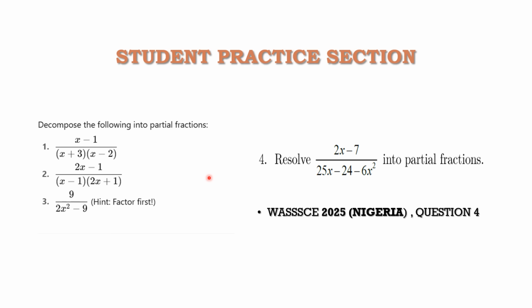So this is a try section for you, and we are also going to decompose the following into partial fractions. So we have examples 1, 2, and 3. The hint is to factor the denominator first for this particular question. These are some student practice sections for you to try your hands on.